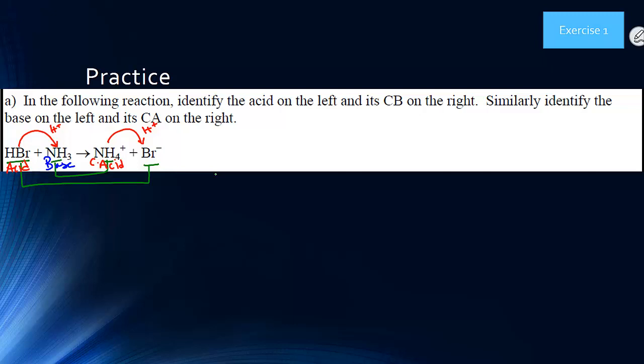The bromide ion is accepting that hydrogen, so it's acting as a base, and it is the conjugate base of the hydrobromic acid. A quick side note here, all the examples have had the hydrogens going from the left to the right. That is a coincidence. It is not factually true. You have to look at each question, each formula, in order to figure out which way the hydrogens move.